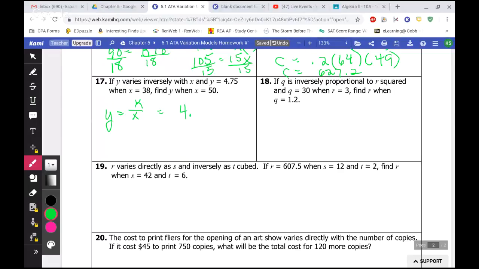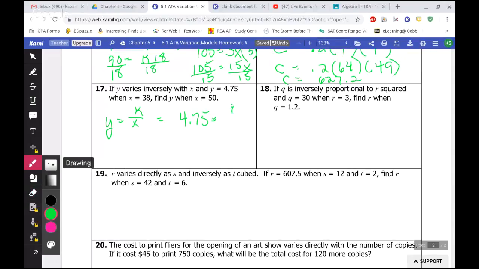And Y is 4.75, and K is what we don't know. My K's and my X's look a lot alike written in this green. When X is 38, you're going to multiply both sides by 38. So I get 180.5 equals K. So now I'm going to plug in.